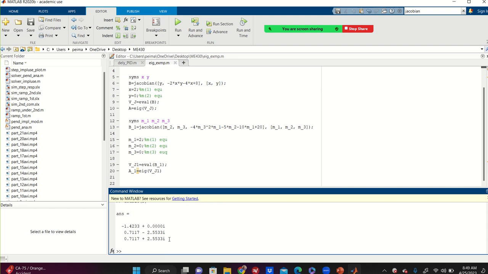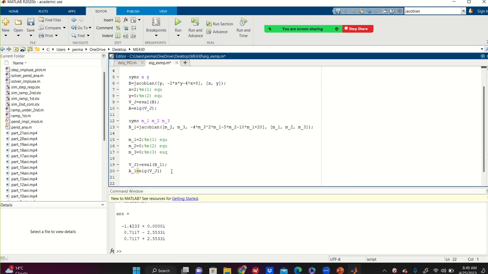The Jacobian of the linearized state space representation gives the poles of the system. That's why if they are positive, your system is unstable. If they are all negative, your system is going to be stable. See what I'm saying?